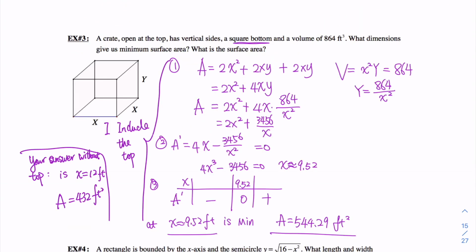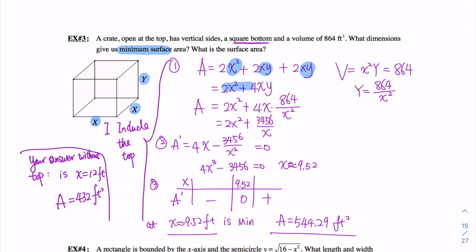Example 3: what dimensions give us the minimum surface area? If you look at this box, because the base is a square, we only need one variable for the base, and one variable for the height, so 2 variables. The surface area is given by the base, 2x squared, times 2 for the top and bottom, plus x times y for the 2 sides, and x times y for the front and back.